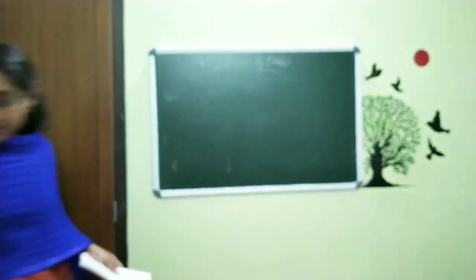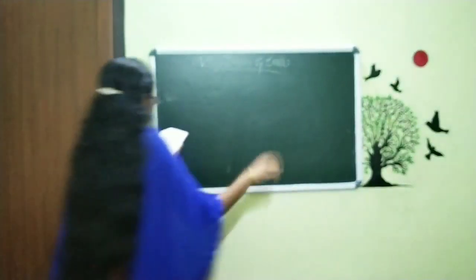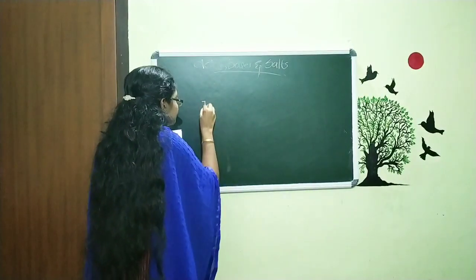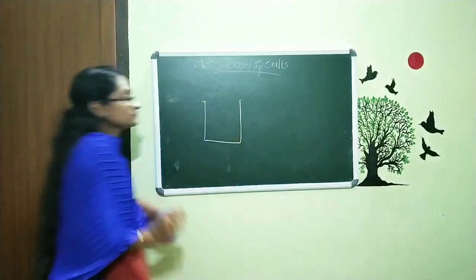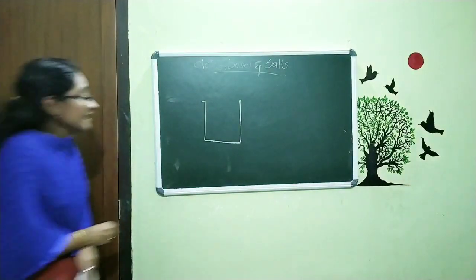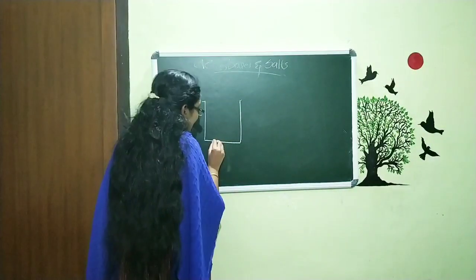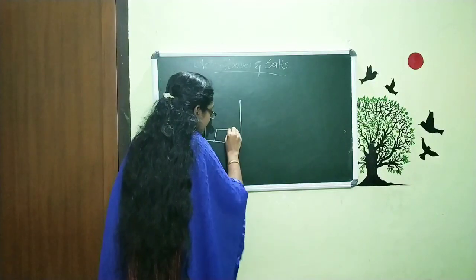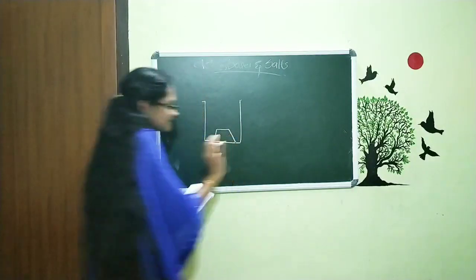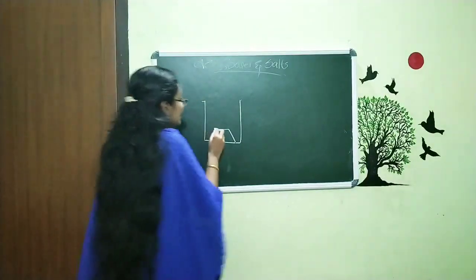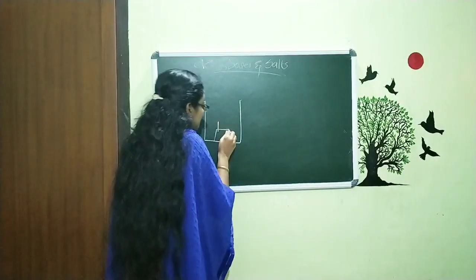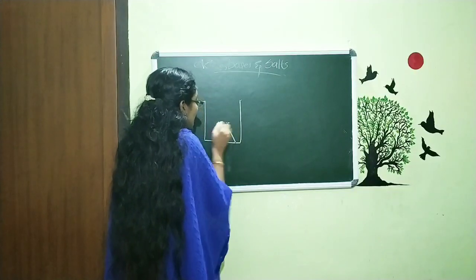For this experiment, the setup is this. We have one beaker, and at the bottom of the beaker I take one rubber cork and fix it there. Then fix two metal nails.